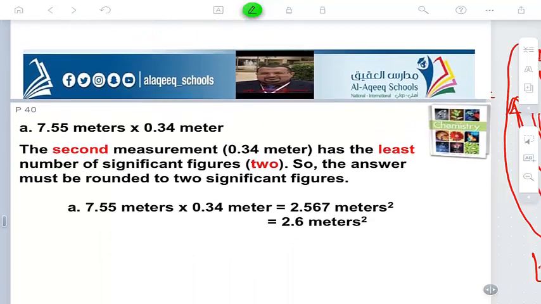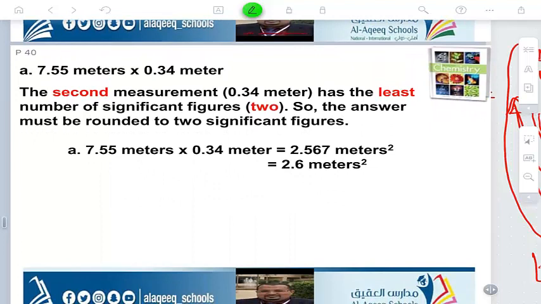Let's try the first one. How many significant figures here? 3. How many here? 2. Which is the least one? 2. So the answer must be 2 significant figures, not 3. That's it.